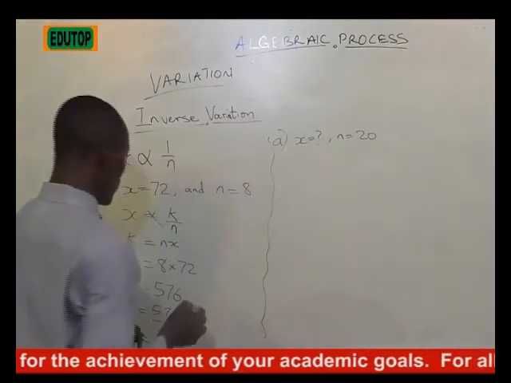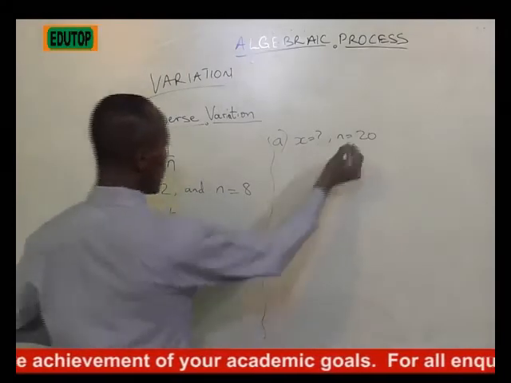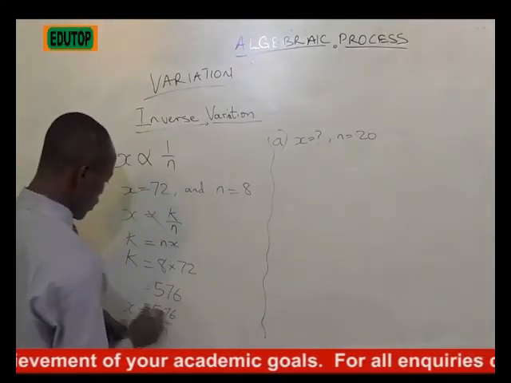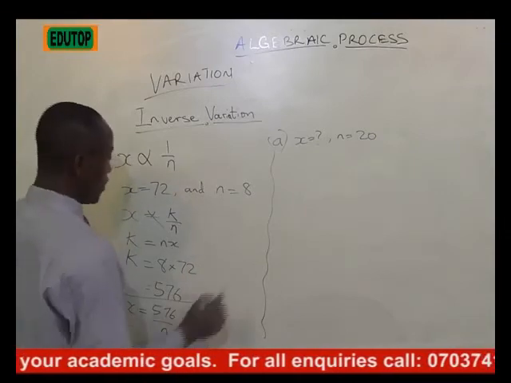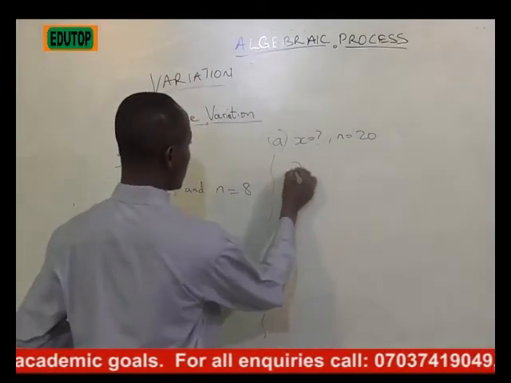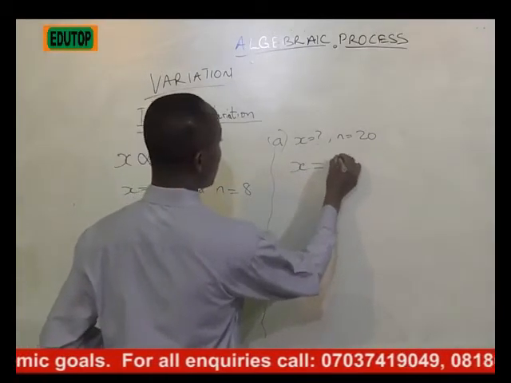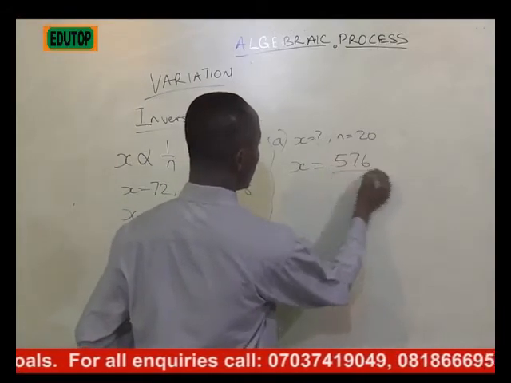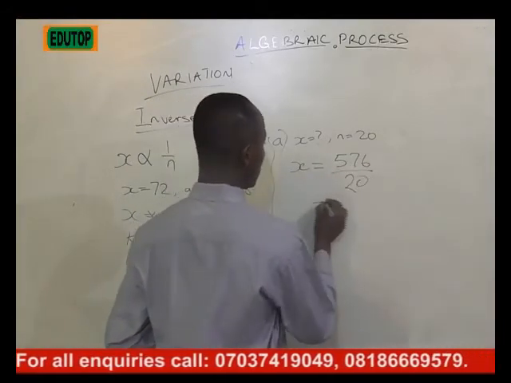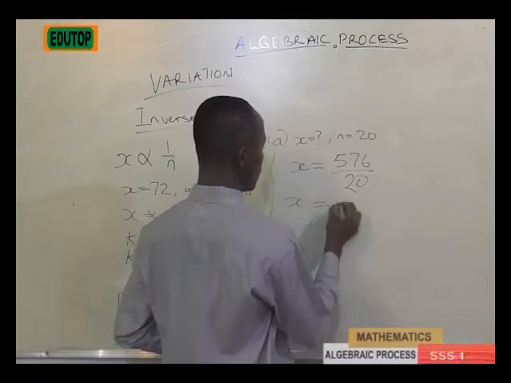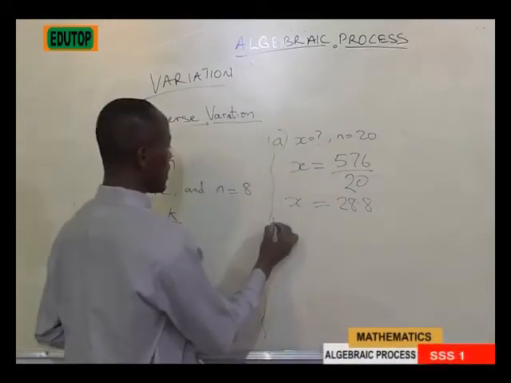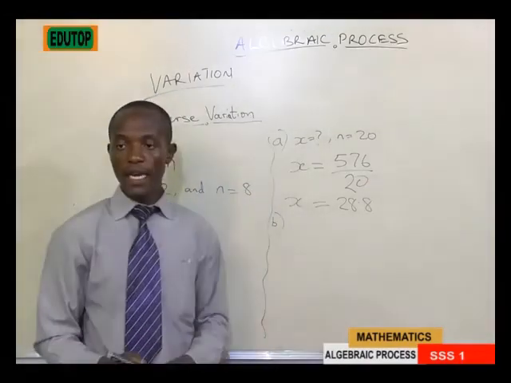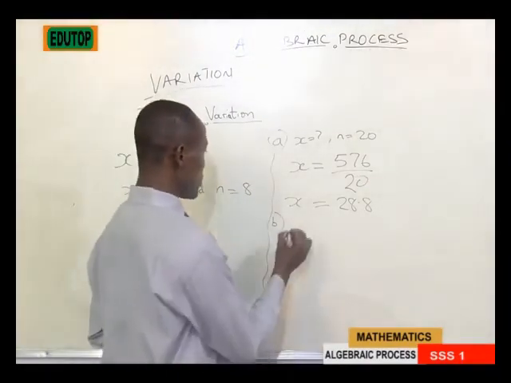So we are going to slot in our value for n back into this equation. This is our main equation. Now we'll be having x is equal to 576 all over 20, which is equal to 28.8.